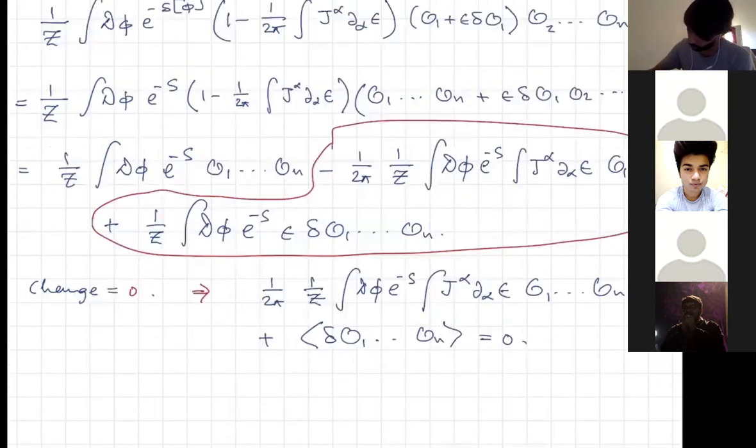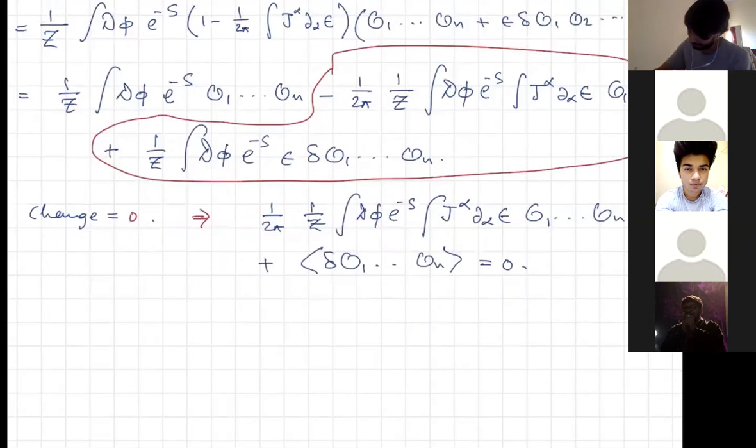Now you want to take this particular guy outside and change the integral in the usual way.